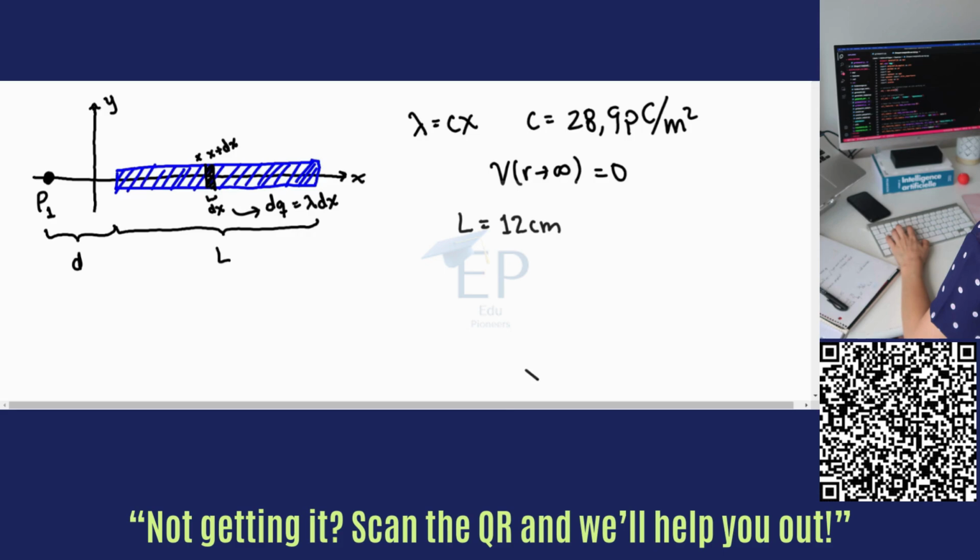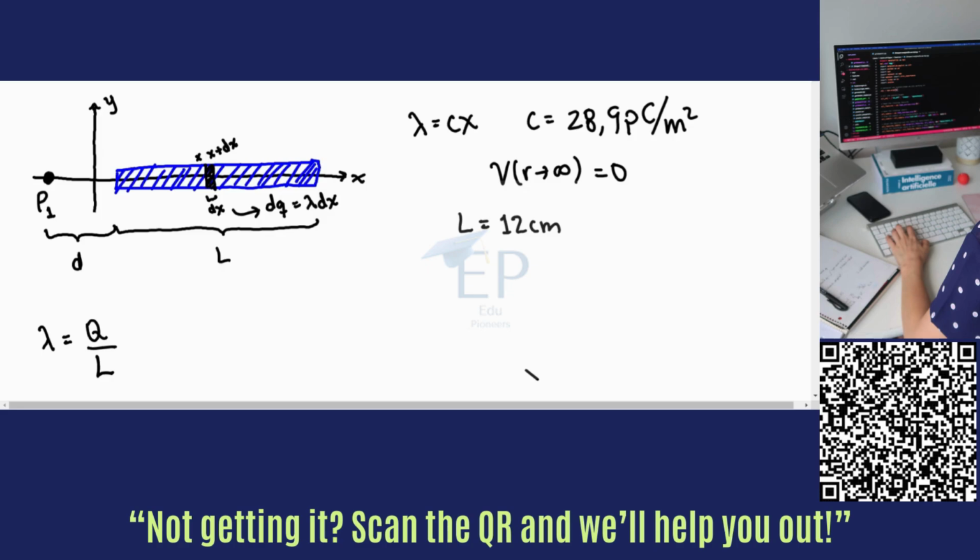We also know that the definition of the linear density is the total charge over the length of the rod.